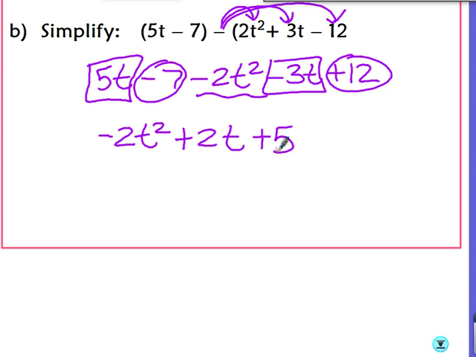When combining like terms, your solution should give you negative 2t squared plus 2t plus 5.